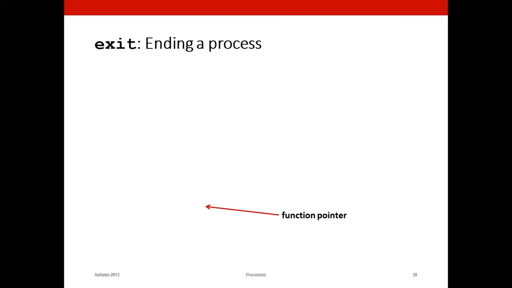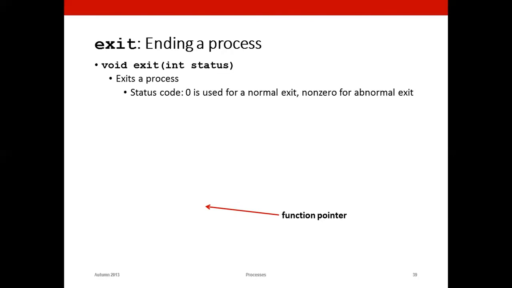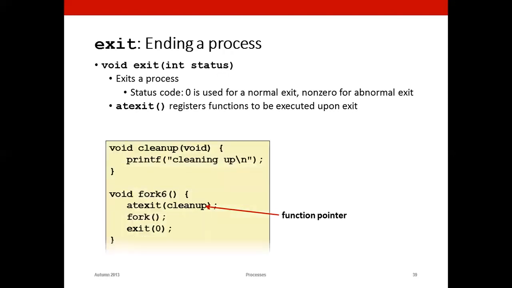Now, how are we going to end a process? We use the exit function. It takes a parameter that is the status to inform why the process exited. The status 0 indicates a normal exit, and a non-zero value indicates an abnormal exit. You can also call the function atexit if you want to perform something before the process exits, for example, some cleanup.